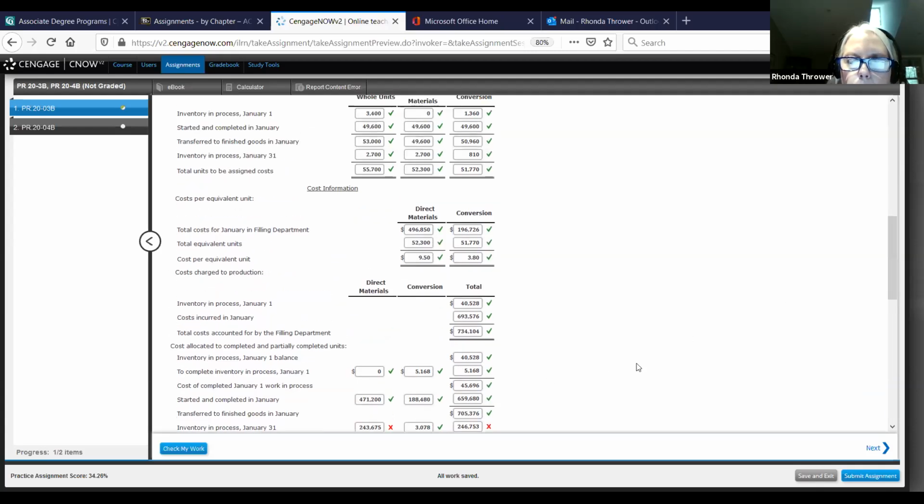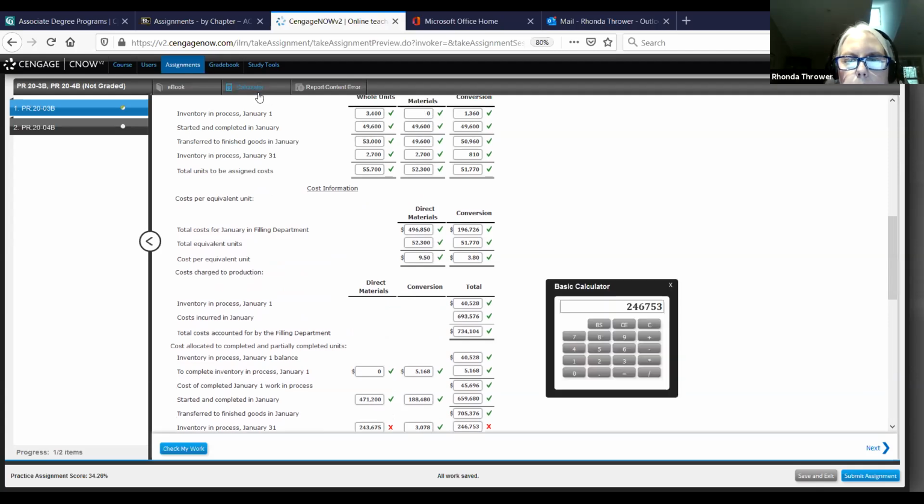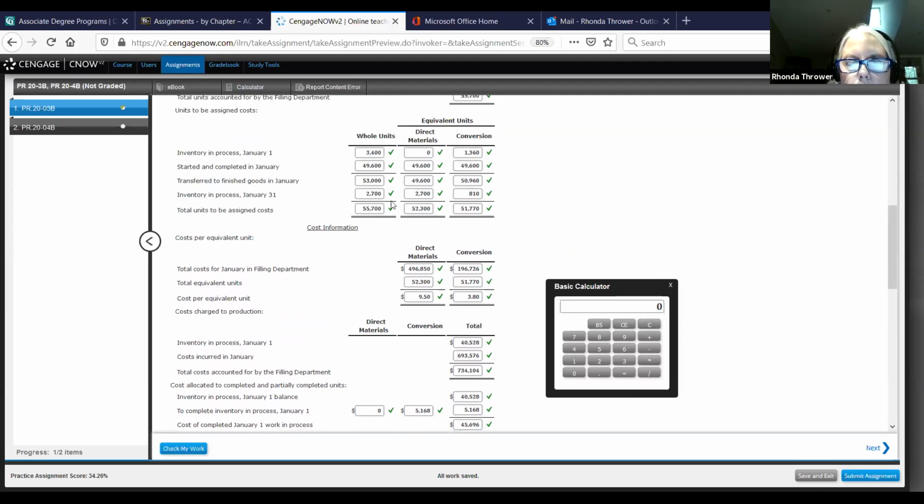All right, and this is the way I got to do this. Let me pull back up my calculator and clear it out. We're going to start with our ending inventory units for materials. The materials column here, ending inventory units, was 2,700 units.